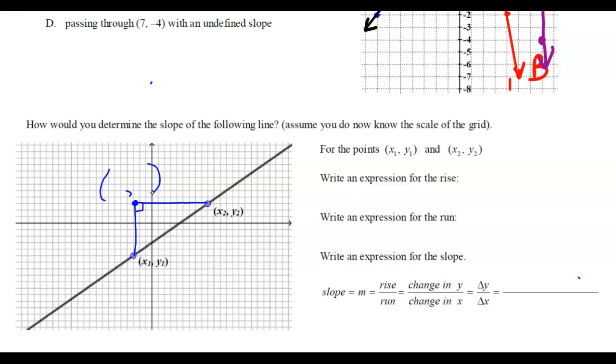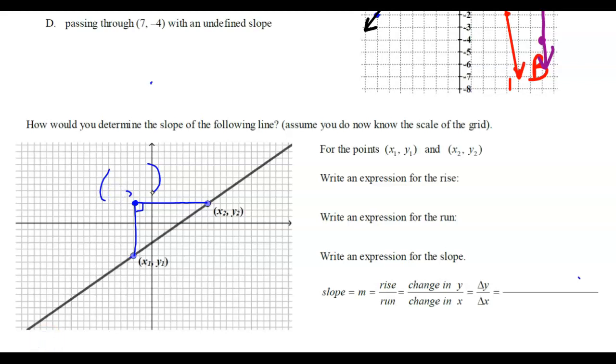What would be the x component of that point that's directly above? x1, yep, because it's the same. This x value here is x1, so it's going to be the same there. And then all of these points have the same y value.